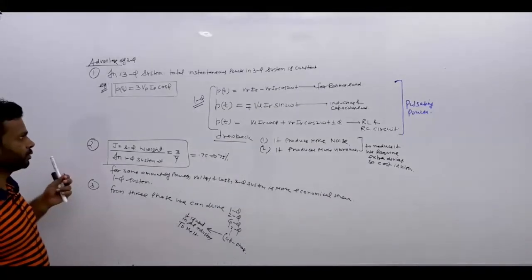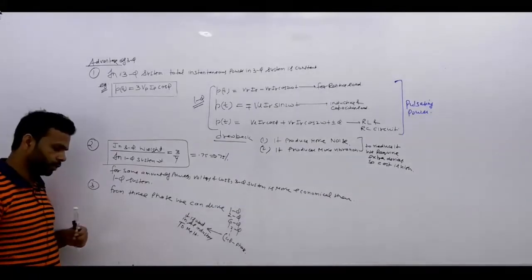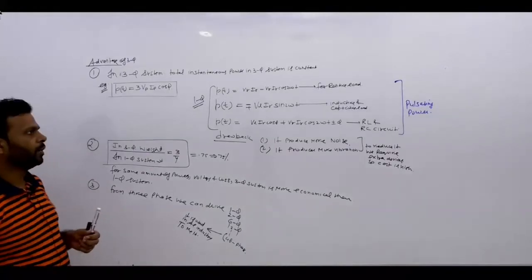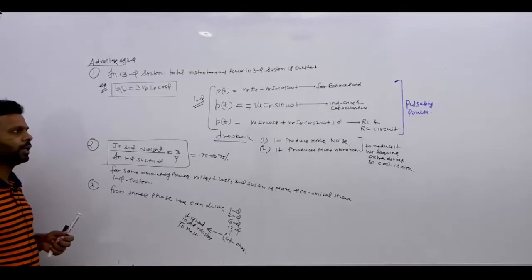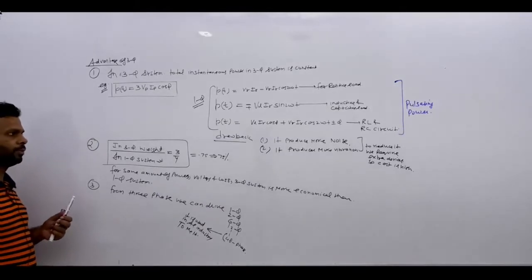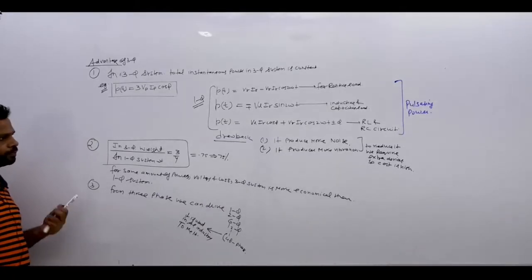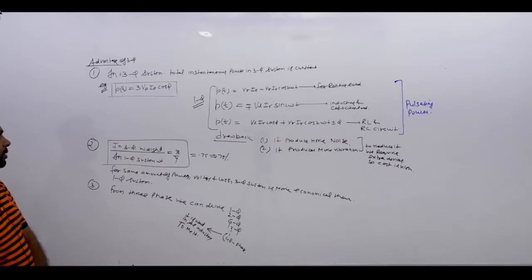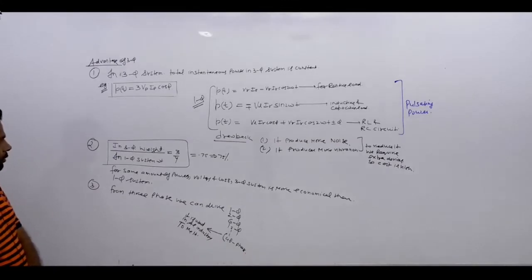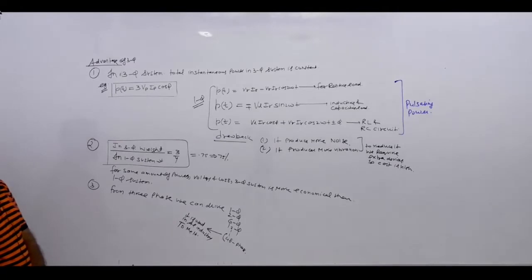The first advantage is what? In three-phase system, the total instantaneous power is constant, while in case of single-phase system, the instantaneous power is pulsating, and due to the pulsating nature of power, it is more noisy, more vibrating, so it requires extra devices, so cost is high. Now, second advantage is what? In three-phase system, the weight is 3/4 of the single phase, so it means it uses 25% less copper or the material.